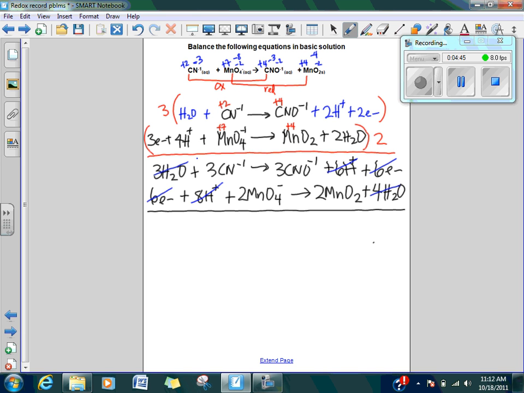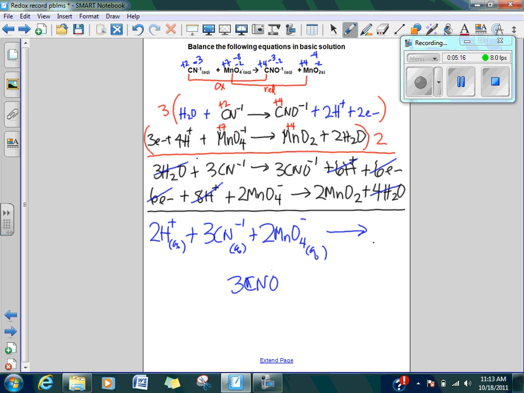So I have an excess of 2 hydrogen ions on this side that are aqueous. Then I have my cyanide ions that are also aqueous, and my excess electrons are gone. My water is on this side, but I have my two hydrogens to take care of. So that's everything on the left-hand side of the equation.